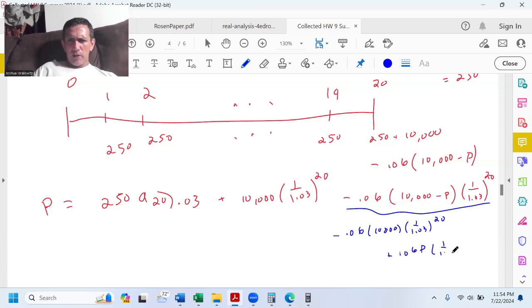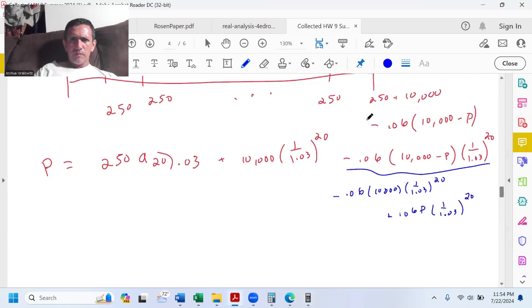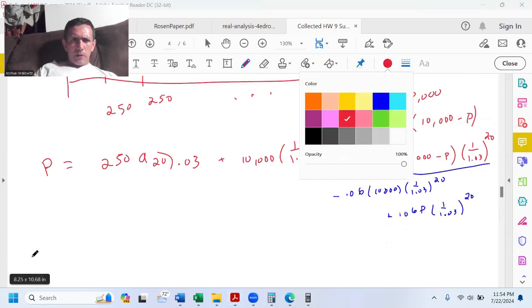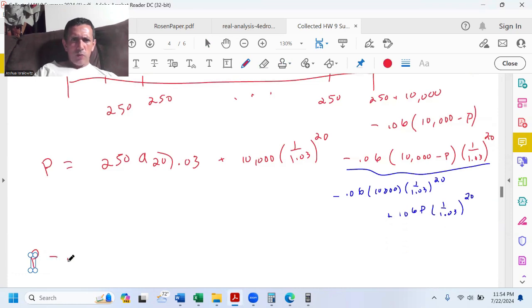1.03. Okay, so now it's P minus 0.06 P times 1 over 1.03 to the 20th.